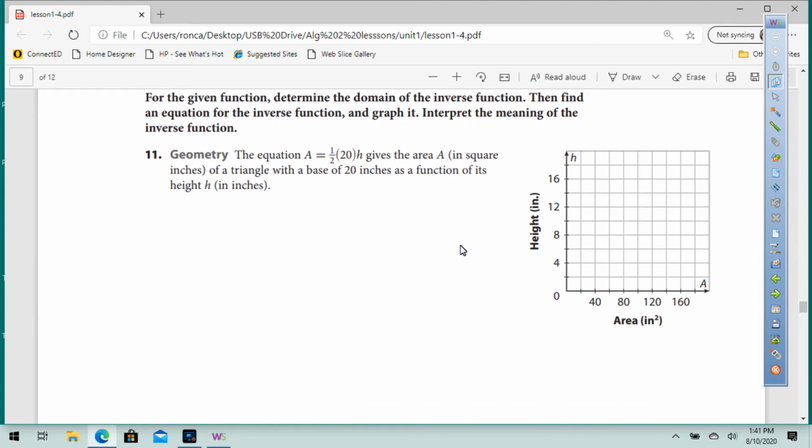Number 11. For the given function, determine the domain of the inverse function. Then find an equation for the inverse function and graph it. Interpret the meaning of the inverse function.